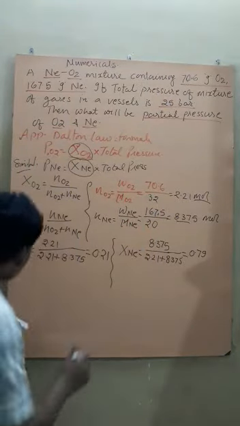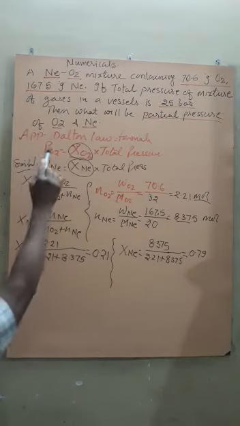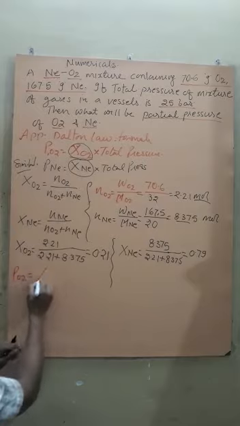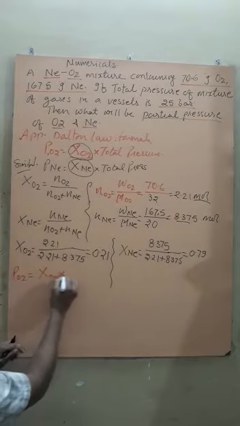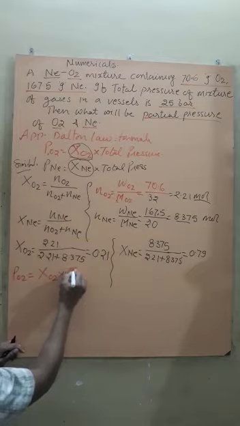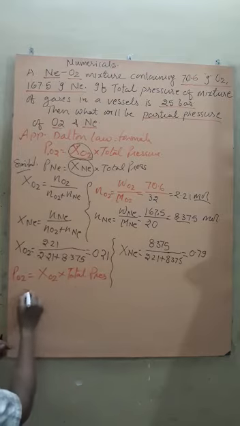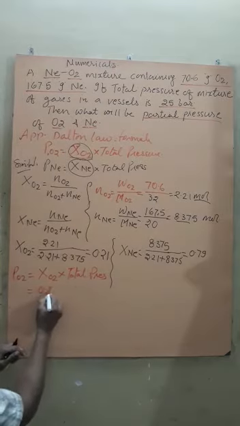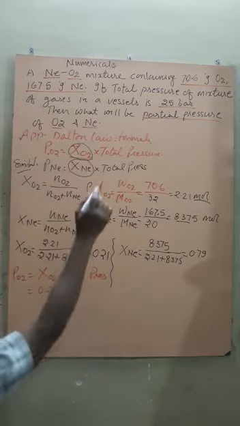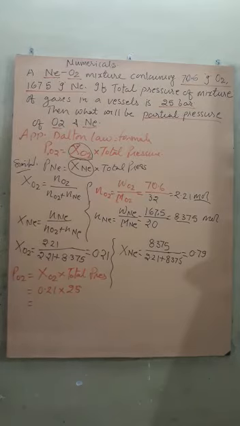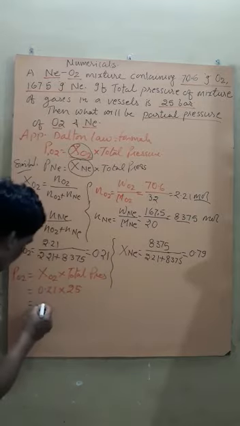Now to find the partial pressure of O2. The partial pressure of O2 is equal to the mole fraction of O2 multiplied by the total pressure. So XO2 is 0.21 multiplied by the total pressure, which is 25. When you solve it, it will give the value 5.25 bar.